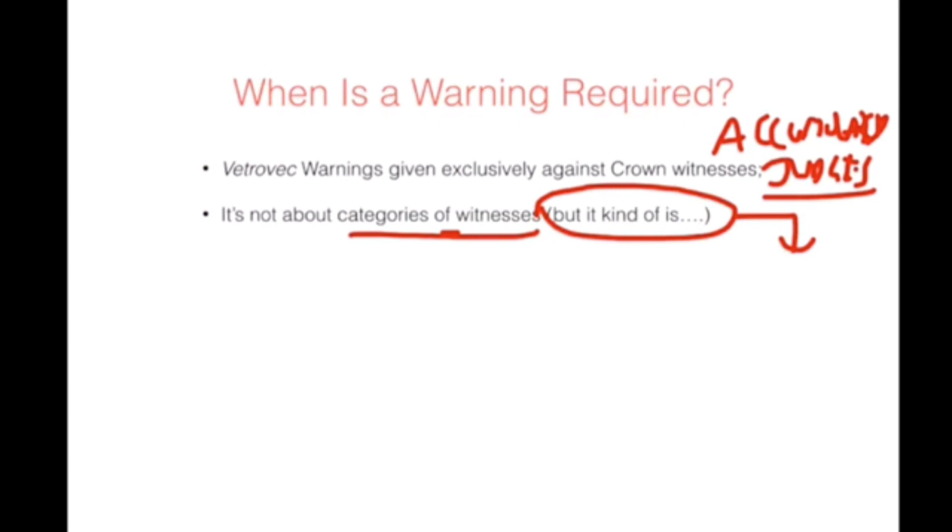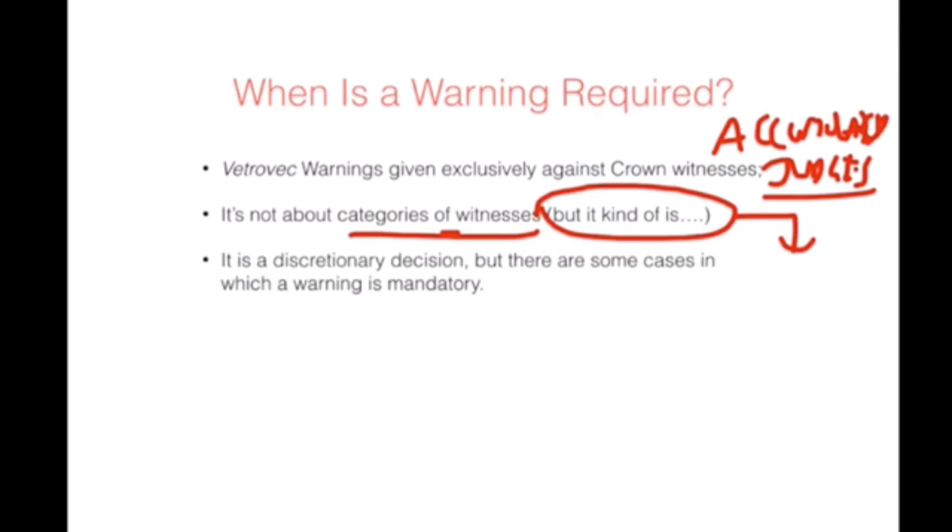So you can go back and read through tons of corroboration jurisprudence after 1982, including Vetrovec, that makes it very clear that the categories are dead, and I'm telling you the categories are alive. They're alive indirectly, if not directly. And what I mean by that is it's not automatic, but it's still a very strong indicator. And every case I've read over the last five years really looks at the category of witness and whether they have the type of historical problems we're concerned with.